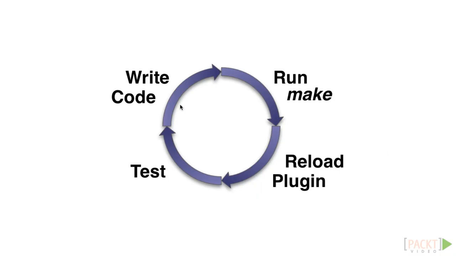We start by editing the plugin's source code in our source directory, implementing various features and making changes. Once we're happy with the changes we've made, we then run the make tool to recompile and deploy our plugin to QGIS. We then switch to QGIS and use the plugin reloader to reload our plugin so that our changes will take effect.